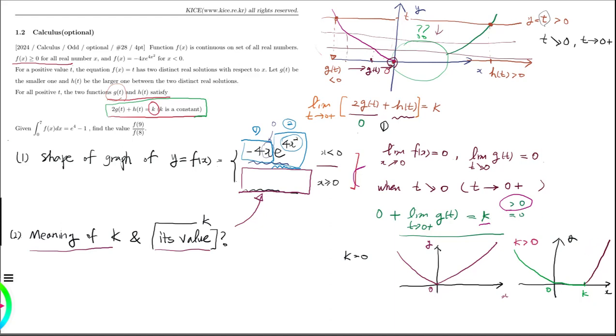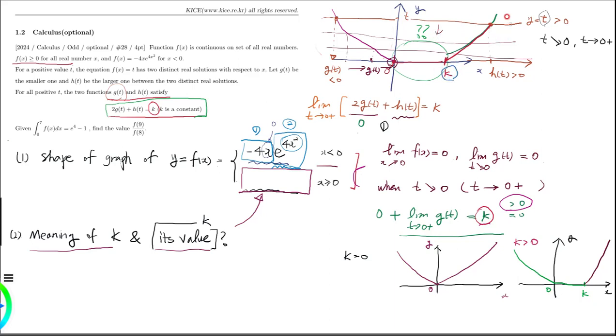So k controls the distance from the origin to the first non-negative value. We don't know the value of k yet, but k controls the shape of the graph.